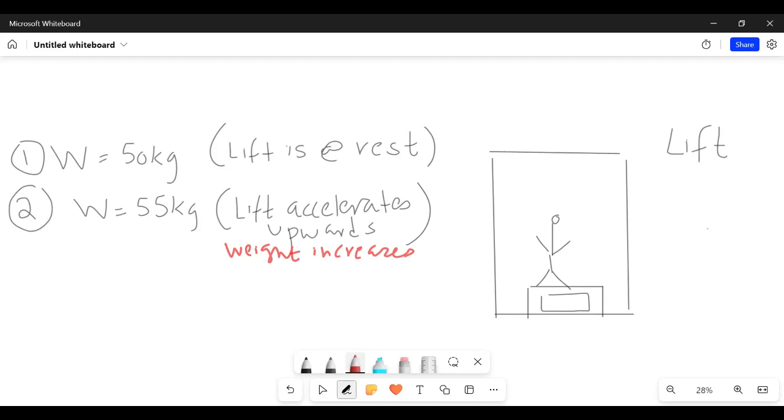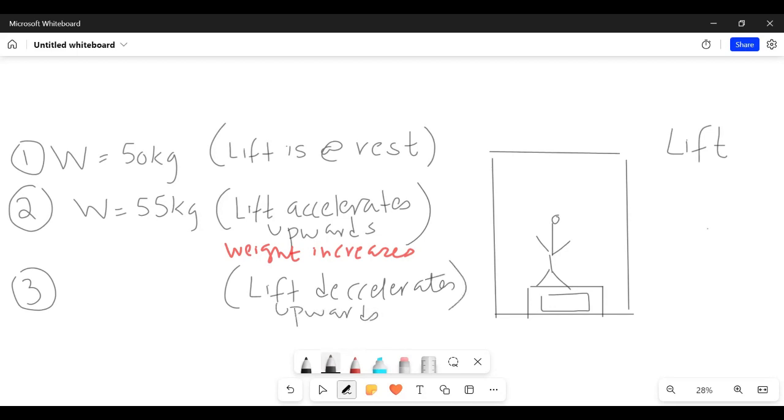Then the third case would be that the lift starts to slow down. So the lift now decelerates, still going upwards. So now he'll notice that the weight becomes smaller than the original weight. Let's say it now becomes 45 kg.